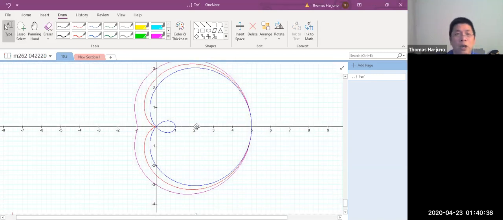You see that the blue one is r equals 2 plus 3 cosine theta. It has a loop because the coefficient is larger than the constant.